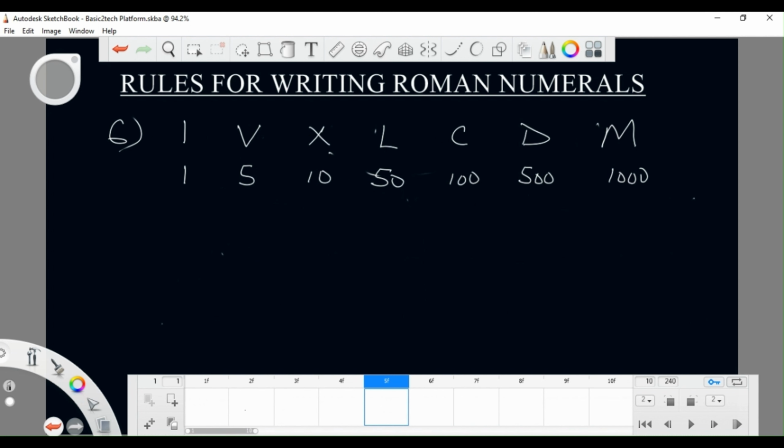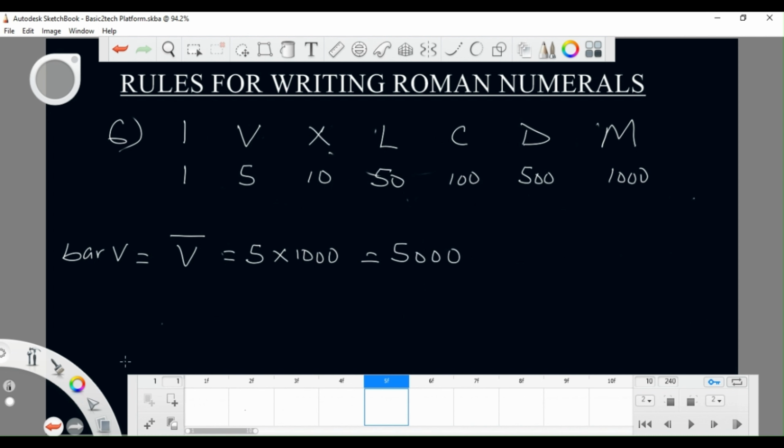So when we place a bar over V, it means that we multiply V by 1,000. So bar V means 5 times 1,000. So bar V means what? 5,000.